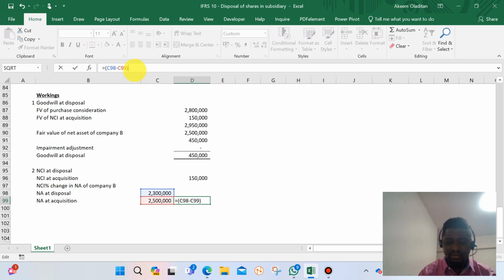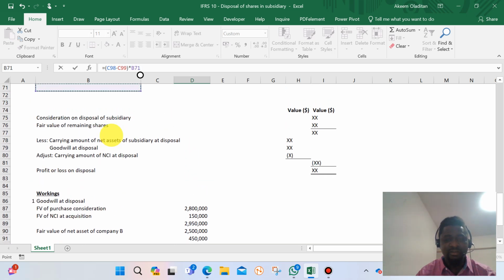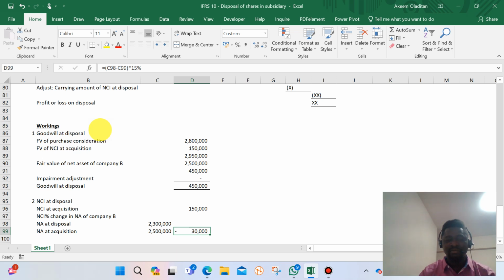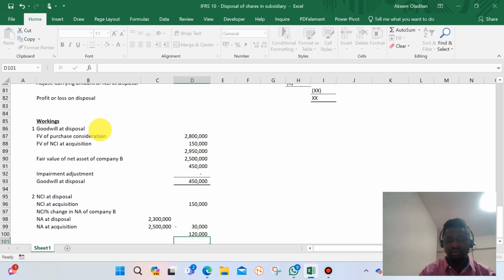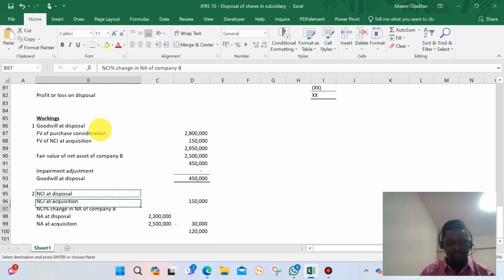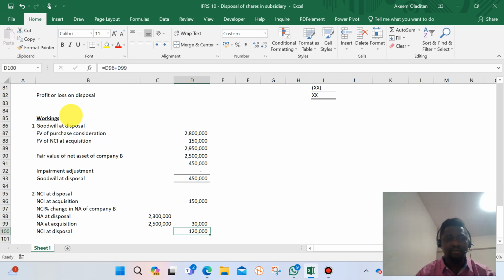You know that times what is the interest? The company A purchased 85%. This means 15% is NCI. So the share of the loss will now be added to this. So this is NCI at disposal. That's the second value that we need for our calculation.